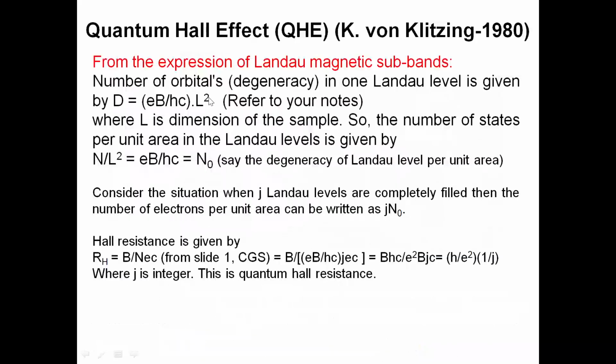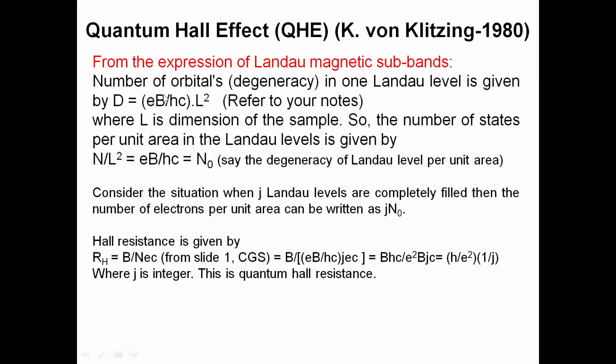This is the degeneracy, meaning the number of states, the number of orbitals, that correspond to one Landau level, where L is nothing but the dimension of the sample. We have X and Y dimensions because in the Z dimension the sample is very thin. Here I have assumed that the X and Y dimensions of the sample are the same. If the dimensions are different in the X and Y directions, you can have LX and LY.